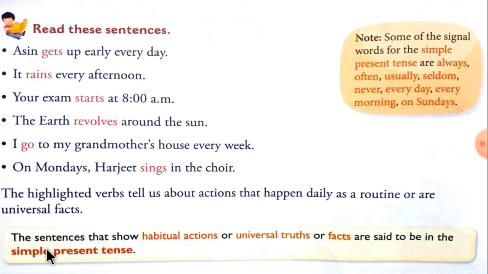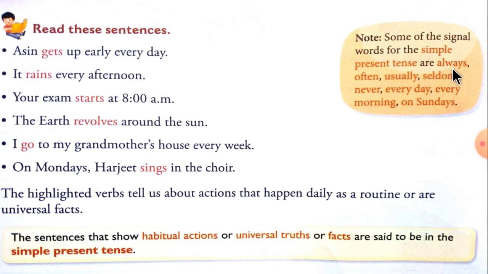So what is simple present tense? The sentences that show habitual actions or universal truths or facts are said to be in the simple present tense. And what are the signal words to recognize simple present tense?